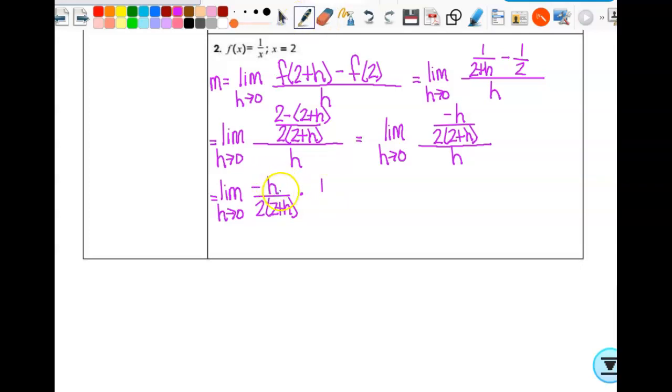This should be negative h in the numerator, not 5, times 1 over h. So then I can reduce these. That gives me the limit as h approaches 0 of negative 1 over 2 times 2 plus h.